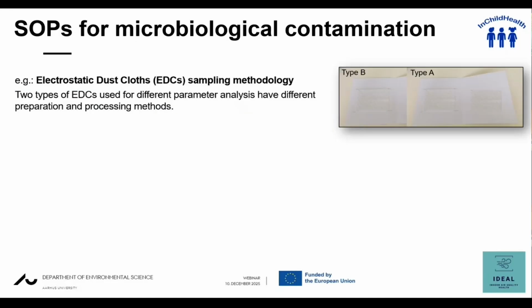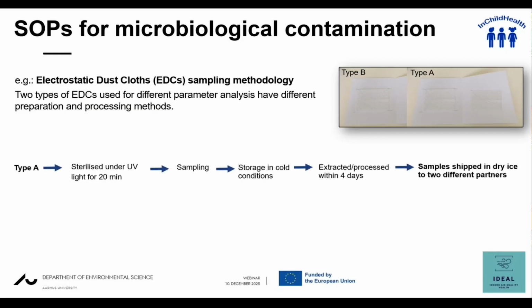If we go for the first SOP, which is the sampling SOP, you can find several methodologies that are used during the campaign, from active sampling to passive sampling processes, but I will focus on the use of electrostatic dust collectors, which was the one that we used commonly among all involved partners in the InChildHealth.